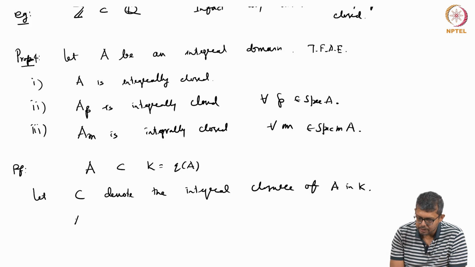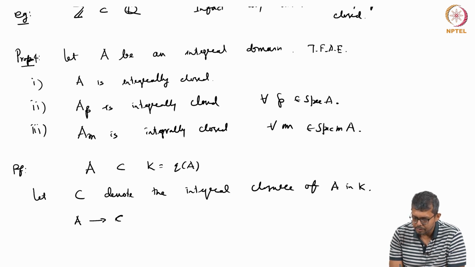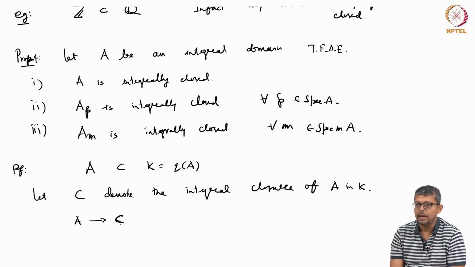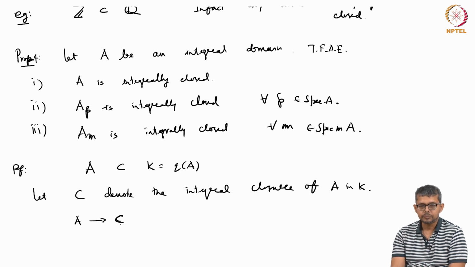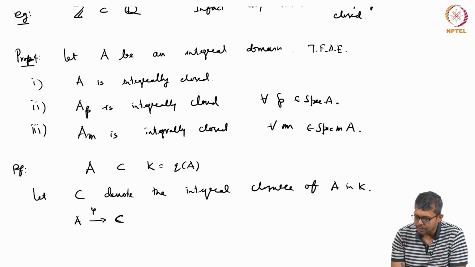So, you have the natural inclusion A to C, and this is a natural homomorphism, right? Now, A is integrally closed means what? That it has to be surjective. So, you call this map phi.